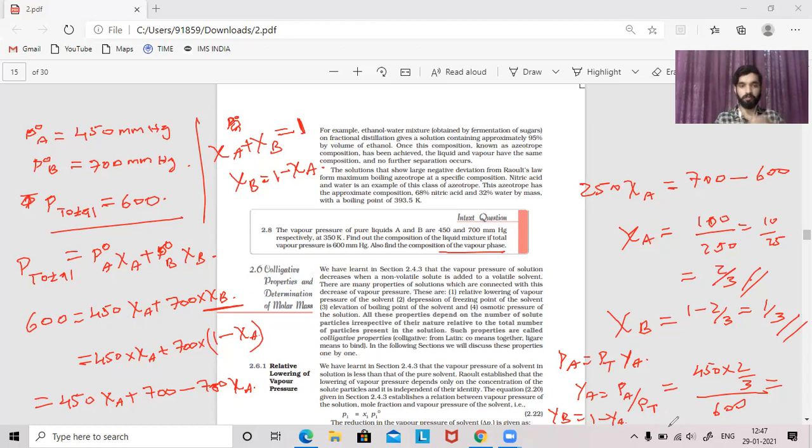I hope you understood the relation between the vapor pressures of two or more volatile liquid solutions. If you have a solution of two or more volatile liquids, how to find the total vapor pressure of the system and the vapor pressure of individual components, that is explained by Raoult's law, and I hope it is very clear.